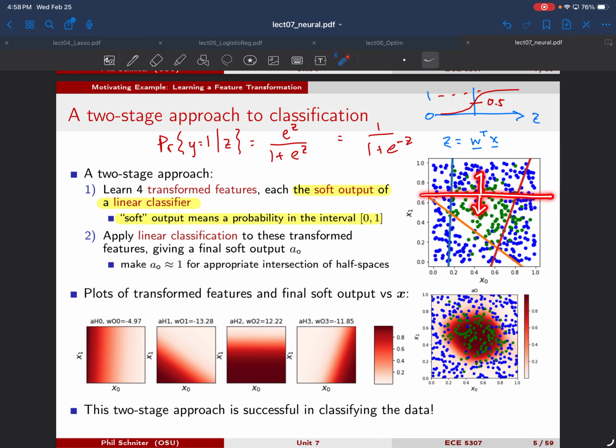And when we go this way, we decrease to 0. And if this transition happens pretty quickly, we can say, roughly speaking, that for this classifier, all the points on this side are approximately 0, and all the points on this side are approximately 1. Okay? So that's one of the 4 linear classifiers.